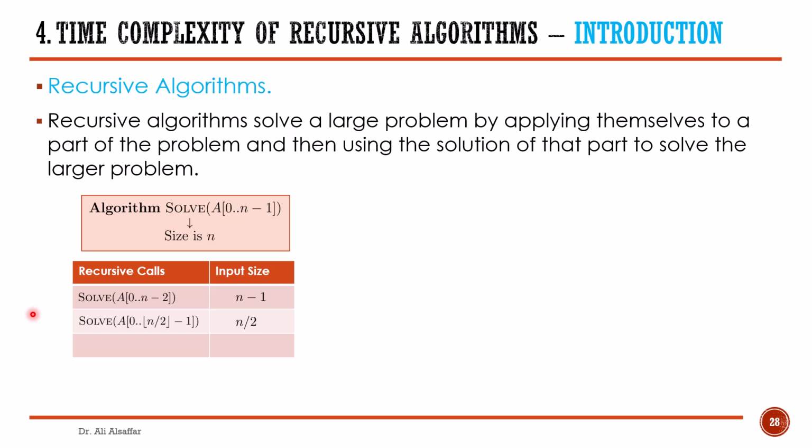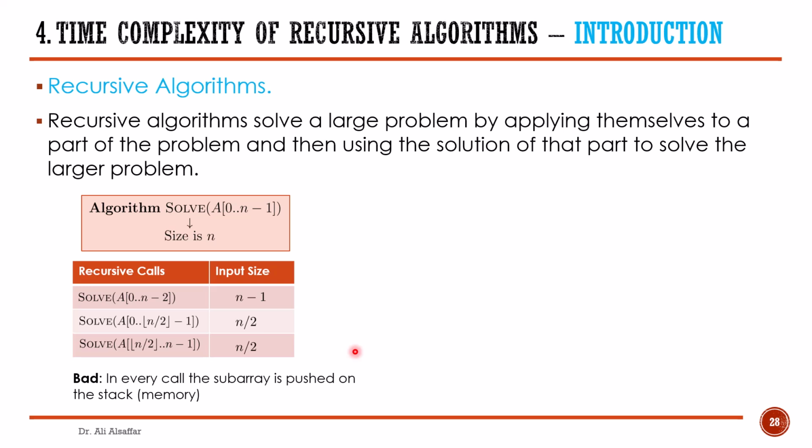And as another example, if you pass a subarray starting from index 0 to index n/2 minus 1, then the input size is half the size of the array, which is equal to n/2. And finally, in this recursive call, if you pass a subarray starting from index n/2 to index n-1, then the input size is also half the size of the array, which is equal to n/2.